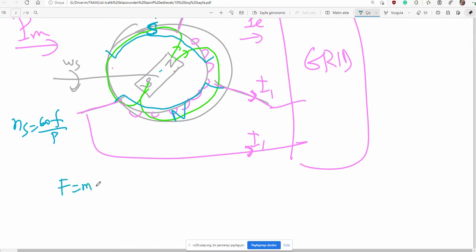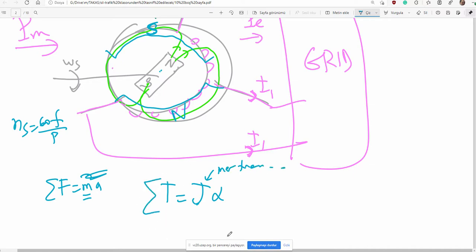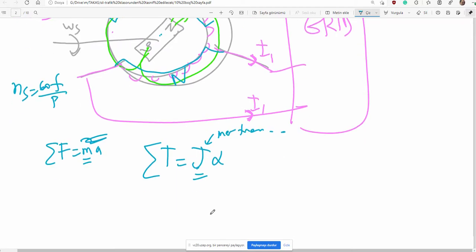F is equal to ma, that means total F acting on a mass will be equal to mass times acceleration, and then torque is equal to J alpha. J is the inertia of the rotating body, torque is the total torque acting on inertia, and alpha is the angular acceleration, which is the time derivative of angular speed.